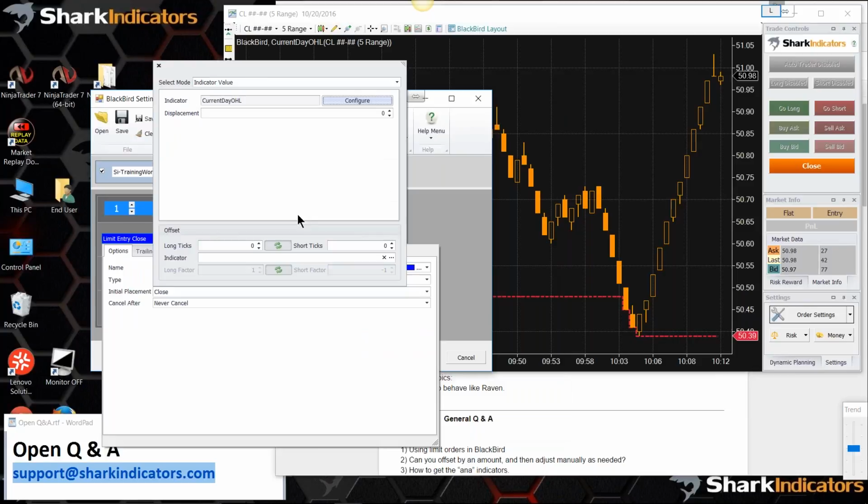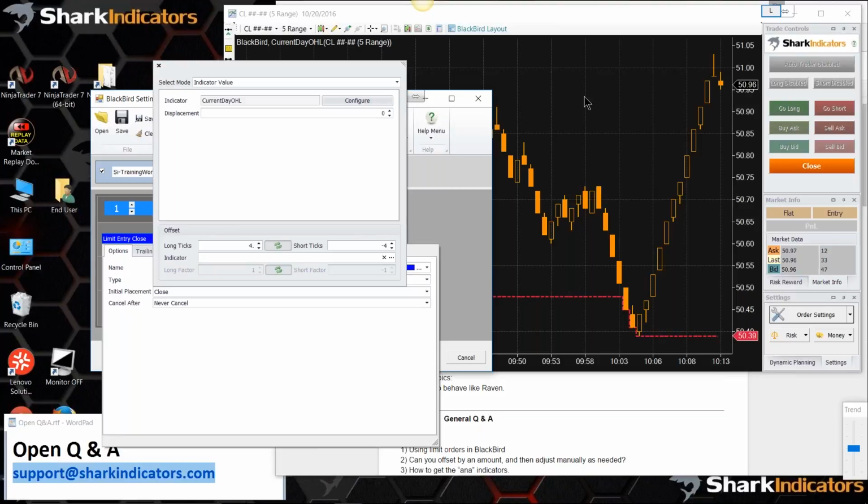All right, and so we got the indicator. Now remember, we're placing the limit order 4 ticks off of the low or 4 ticks off of the high. So if it's a long trade, it's going to be a positive 4 ticks, because it's 4 ticks above the low.